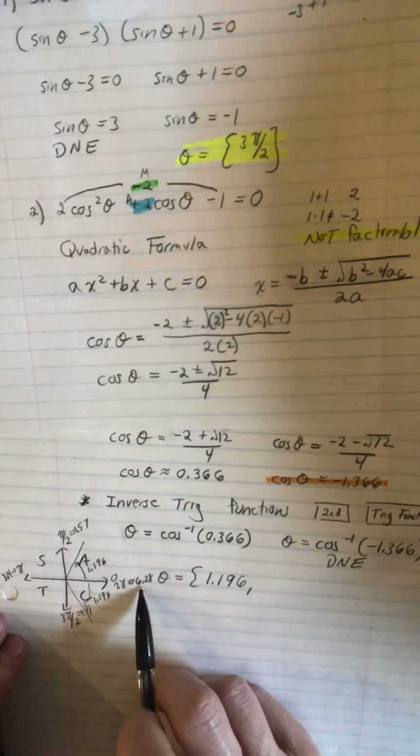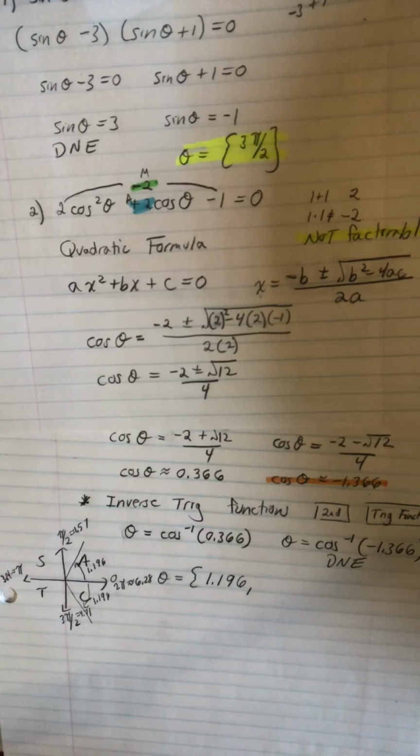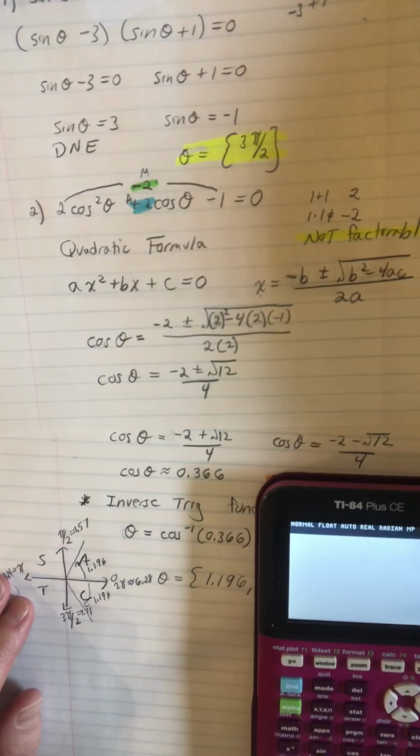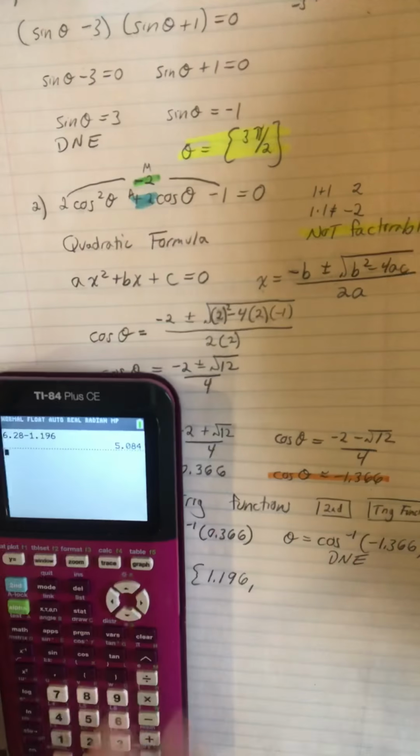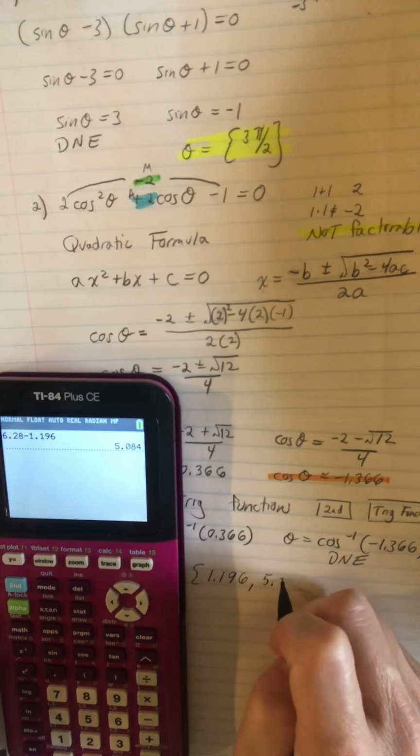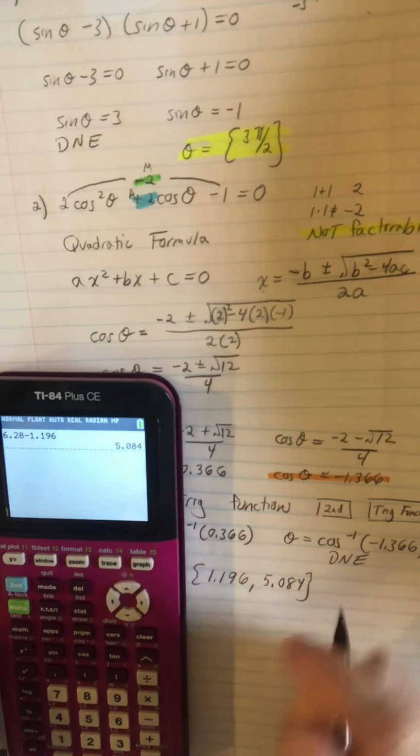So I would take that 6.28 and I would subtract, because we're doing an estimate, 1.196. And you would get your second radian measure to be 5.084.